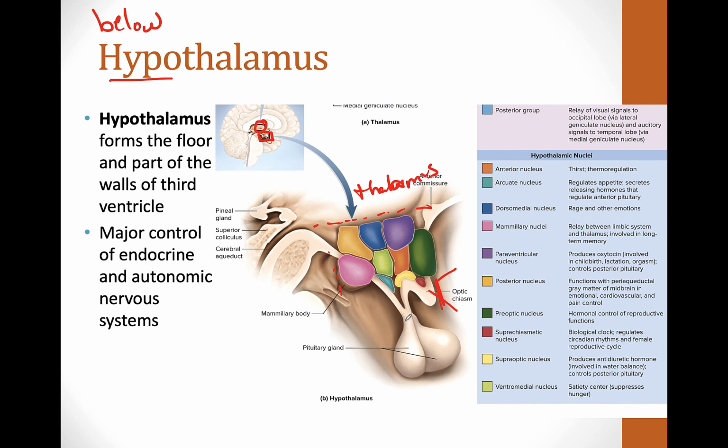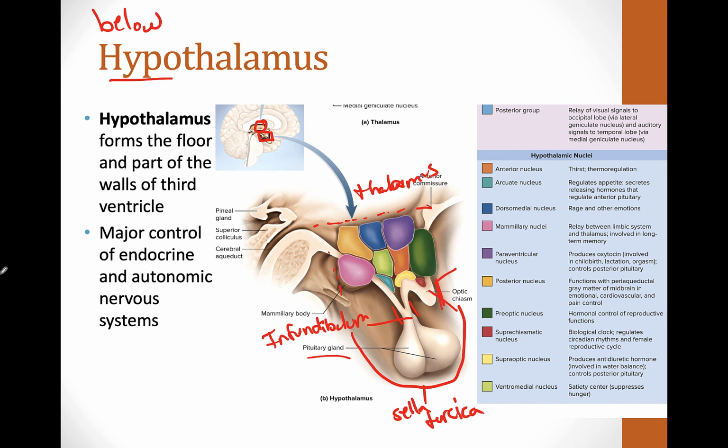We have something called the infundibulum, which is a stalk here that connects to the pituitary gland. And so the pituitary gland is sitting right here in the sella turcica of the sphenoid bone.